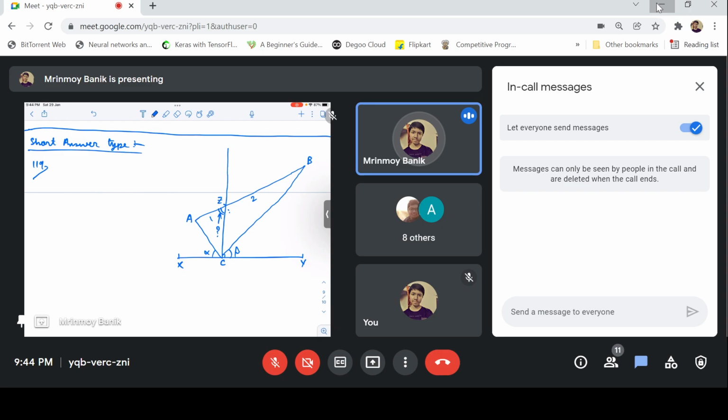If we try to apply the sine rule in AZC, let's see what we get. ZC by sine A, AZ by sine C, AC by sine Z. ZC is ZC.